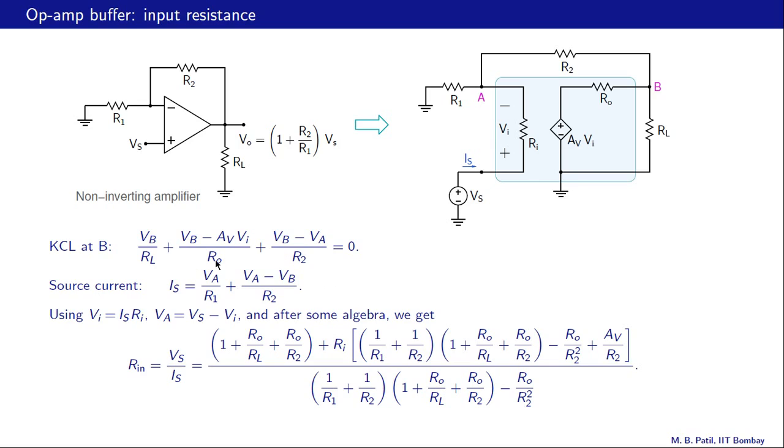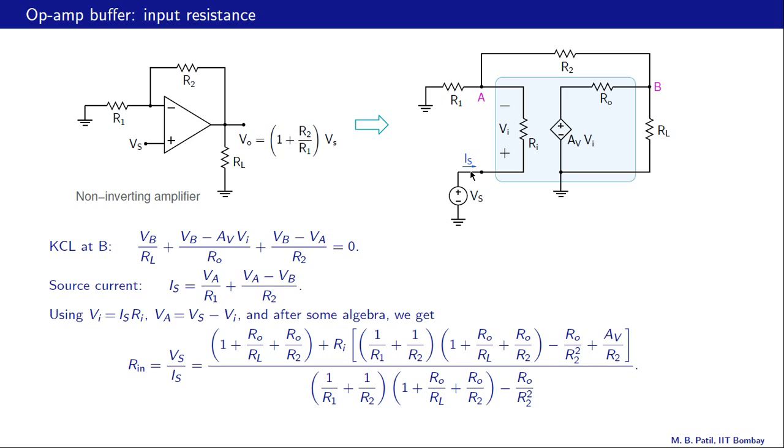So we have four equations, 1, 2, 3, 4, and we have four unknowns. What are the unknowns? VA, VB, IS and VI. And remember, we are treating Vs as a known quantity. So we have four equations and four unknowns. We can solve these and obtain Is.